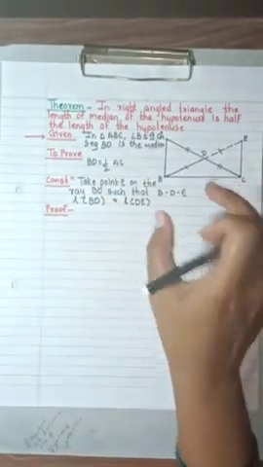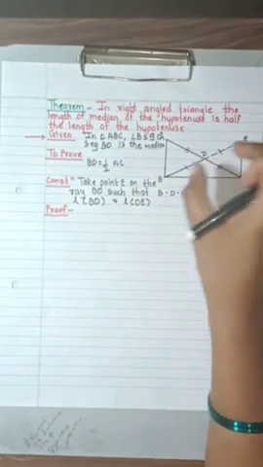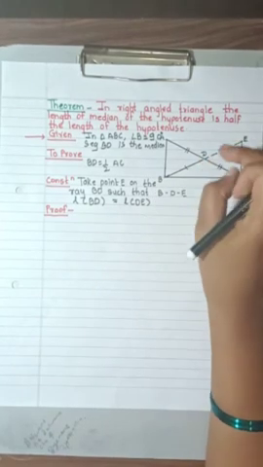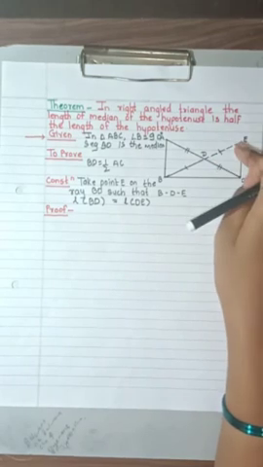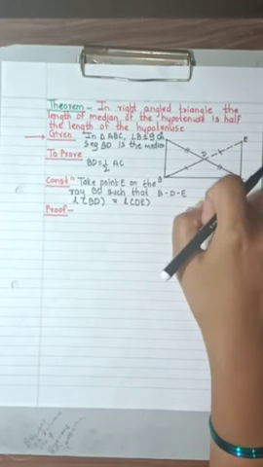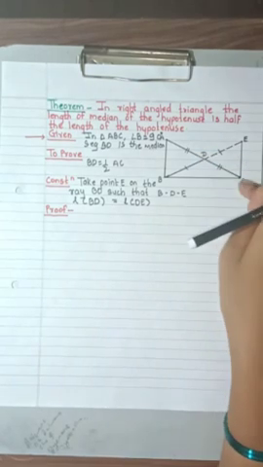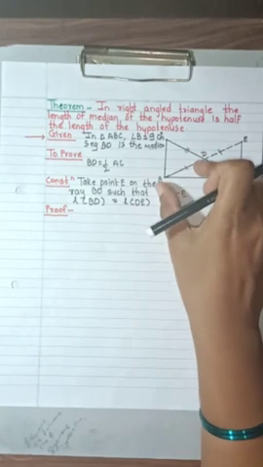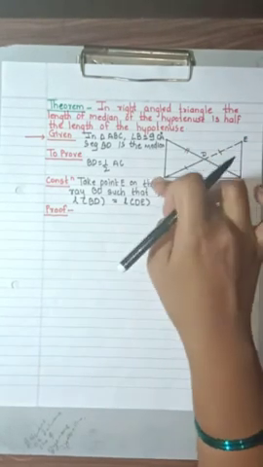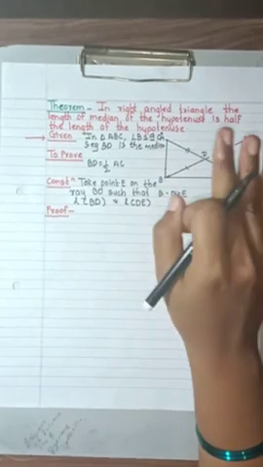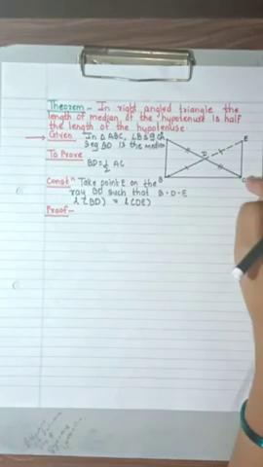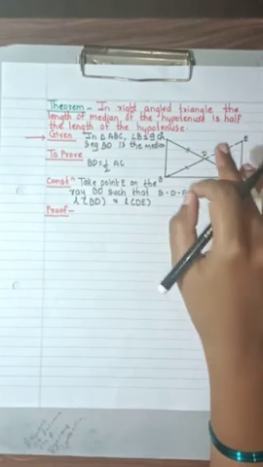As I told you, first you'll show that BD is congruent to DE. Then angle ADB is congruent to angle CDE, vertically opposite angles. Then you will show that AD is congruent to DC. So three things are proved over here, and therefore triangle ADB is congruent to triangle CDE by SAS test.